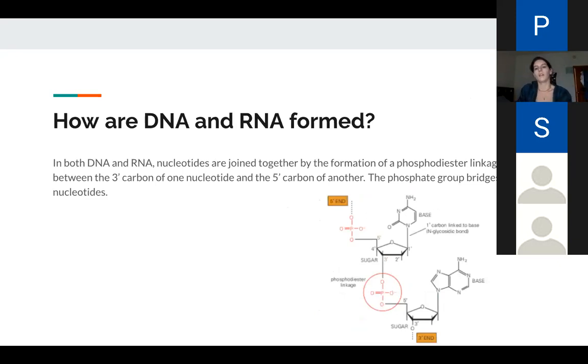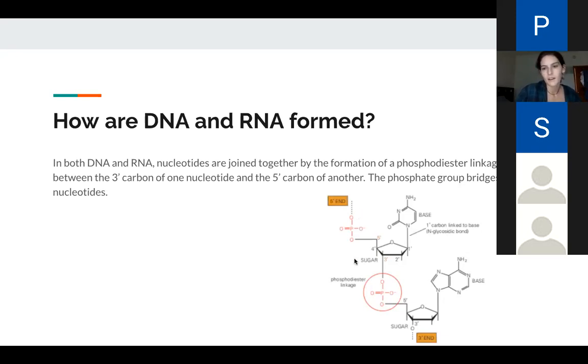Another question you may have is how these molecules are formed. They're so large that you might not know how they're formed, but in both DNA and RNA, nucleotides are joined together by the formation of a phosphodiester linkage between the 3' carbon of one nucleotide and the 5' carbon of another.